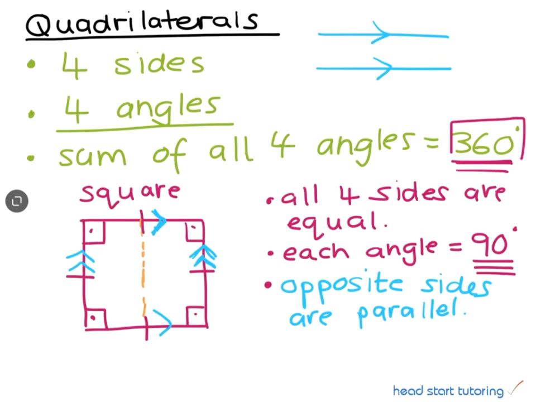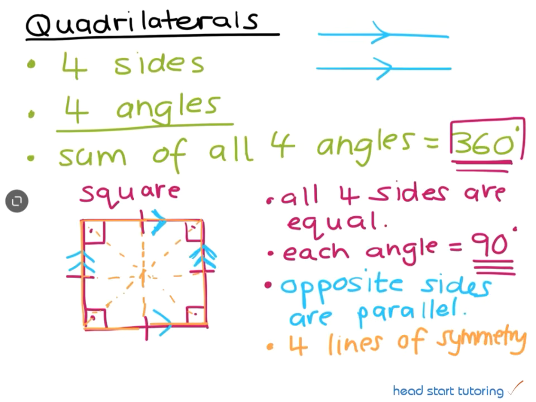So you can fold it perfectly, and then this side and this side will meet up perfectly. So we've got one line of symmetry there, we've got another line of symmetry there, a diagonal one, and another one there, and another one there. So with our square, we have got 4 lines of symmetry.